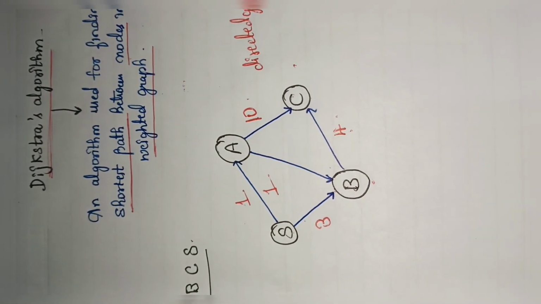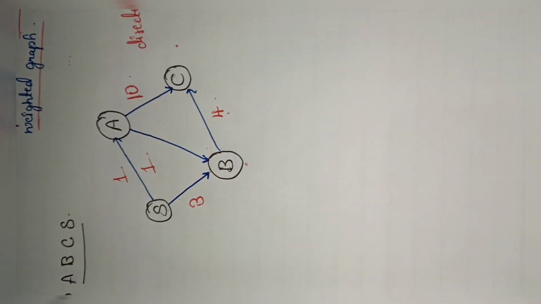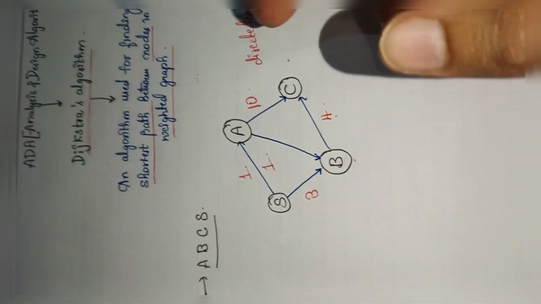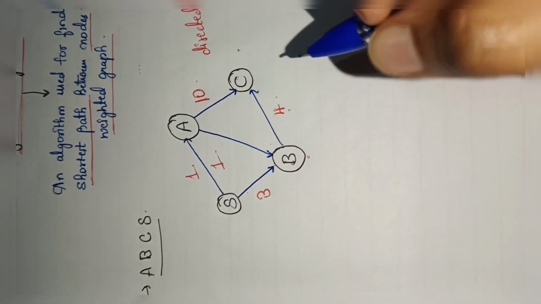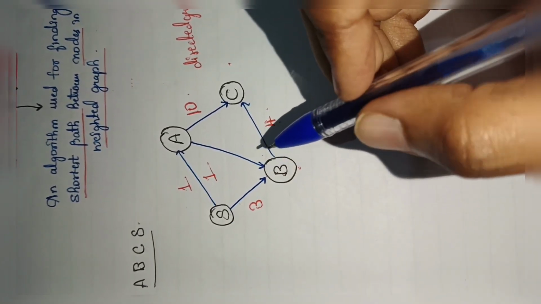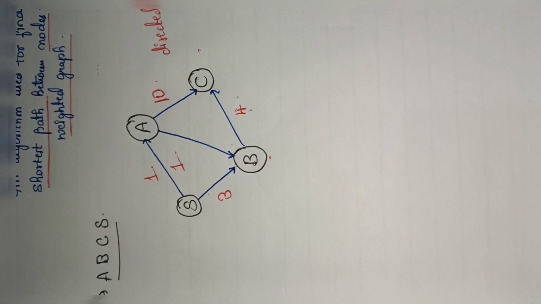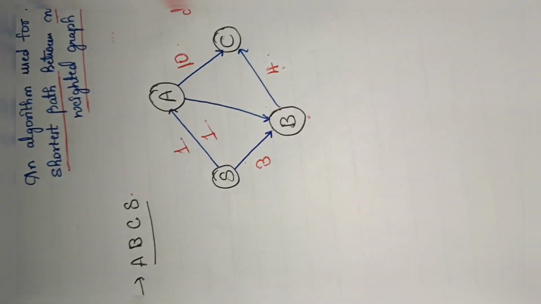Now I'll explain how to draw the matrix. Whenever you're solving Dijkstra's algorithm, you must know how to draw the graph. Understand the graph first, and then the first step is to draw its matrix.